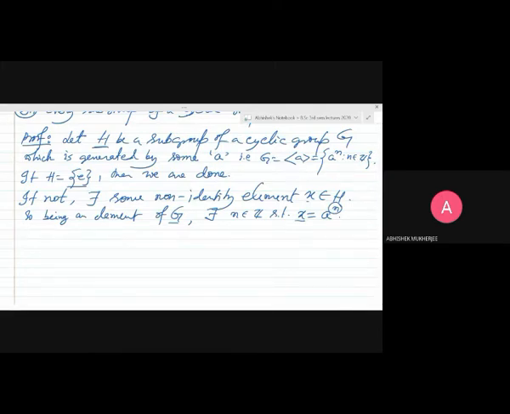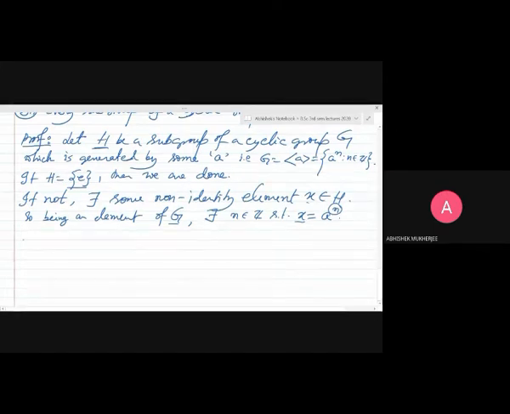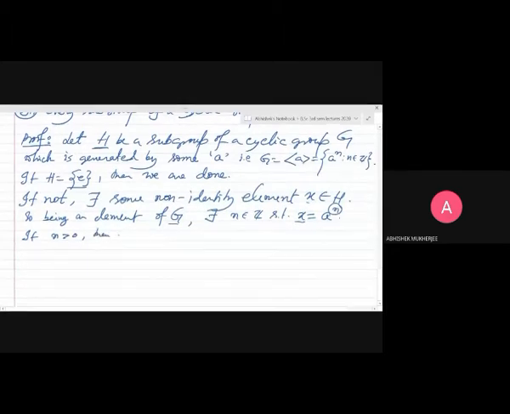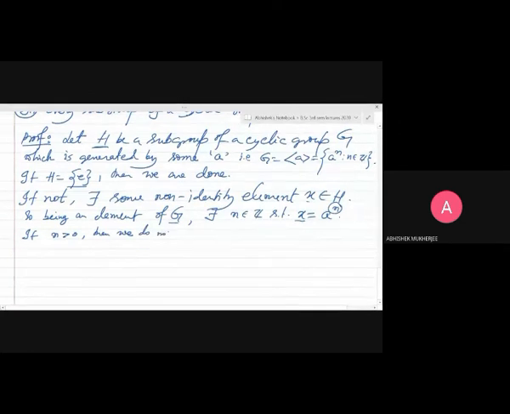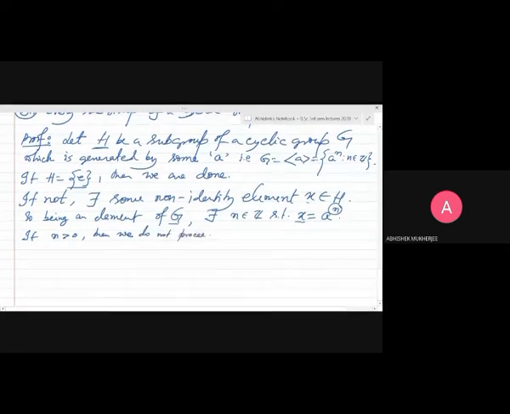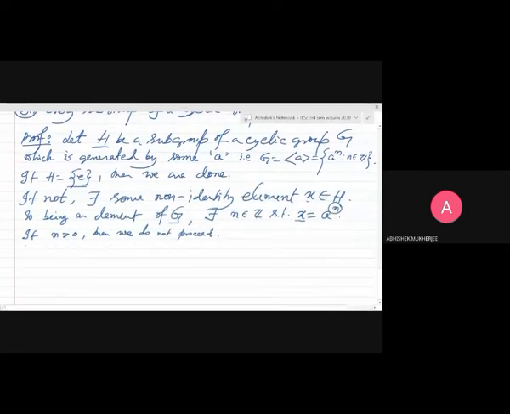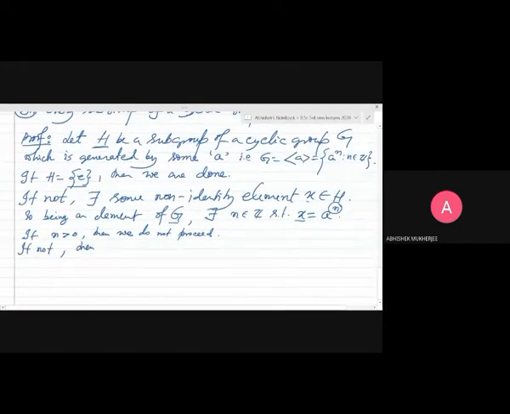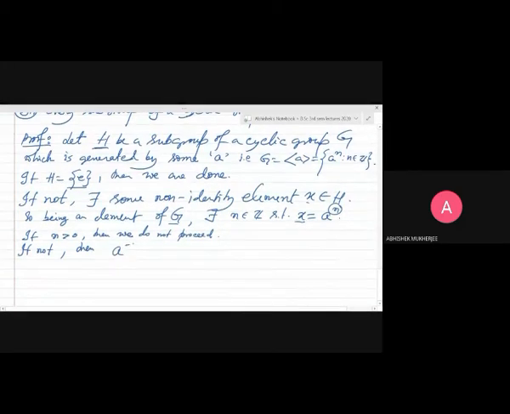But if it is less than 0, then a to the power minus n, what does it mean?